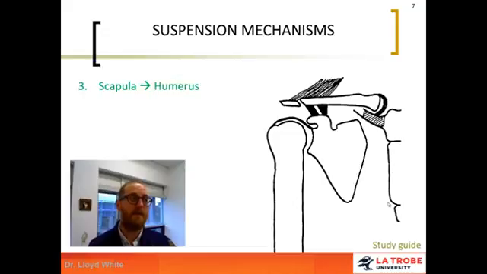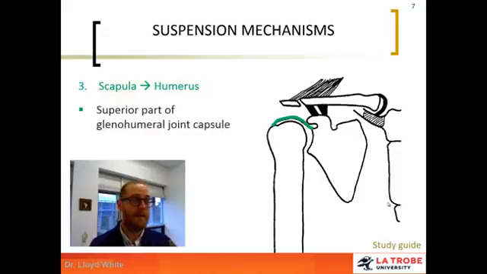And our third mechanism of suspension of the upper limb is from the scapula to the humerus. So these will be the ligaments supporting the glenohumeral joint, particularly the superior part of the glenohumeral joint capsule. There are a couple of ligaments involved in this.